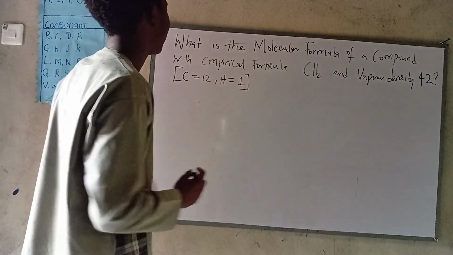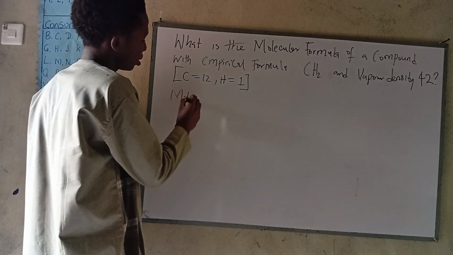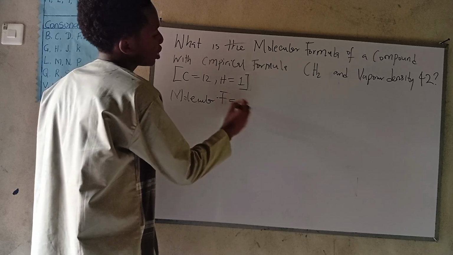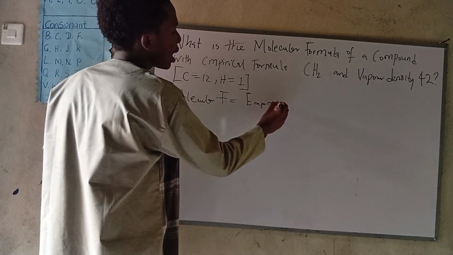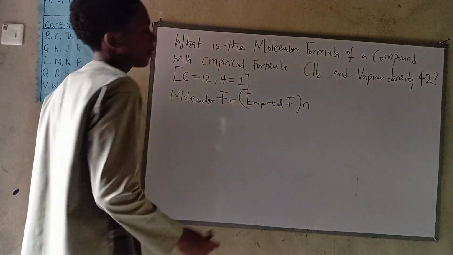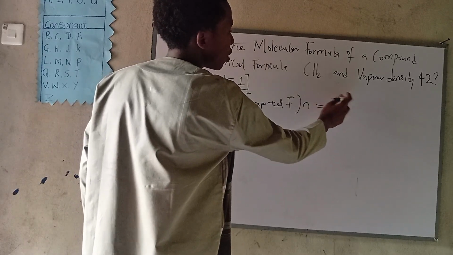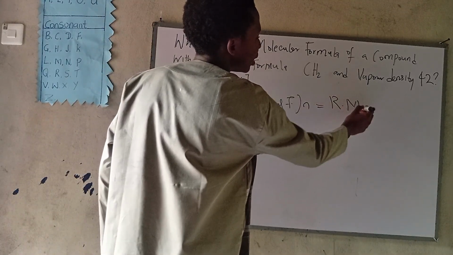Now let's write down our formula. Molecular formula is equal to the empirical formula raised to n, where n is equal to the relative molecular mass divided by the empirical formula mass.